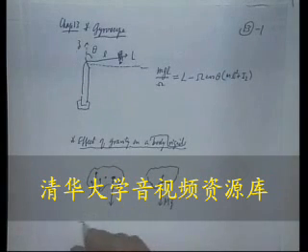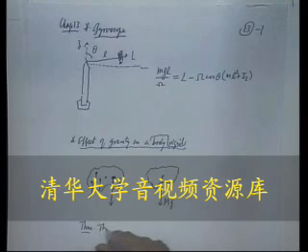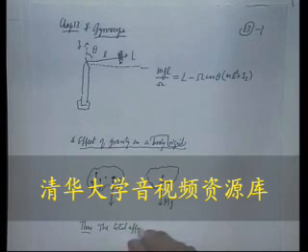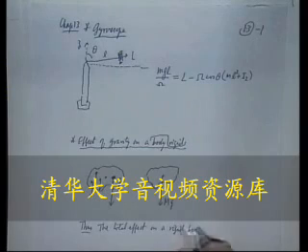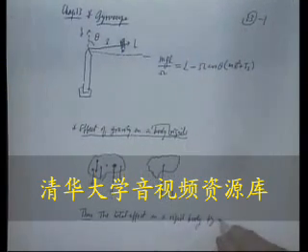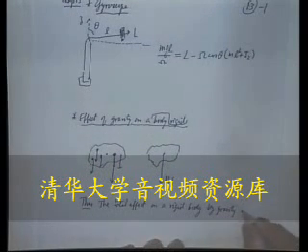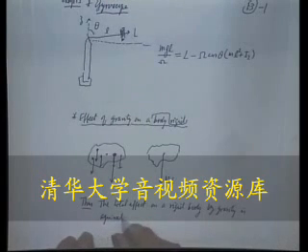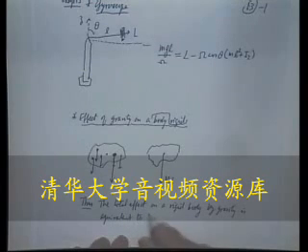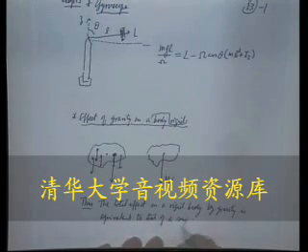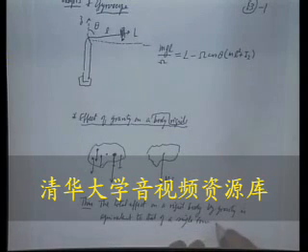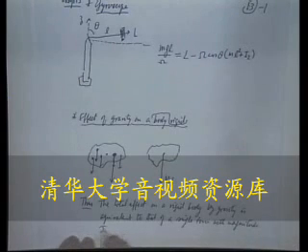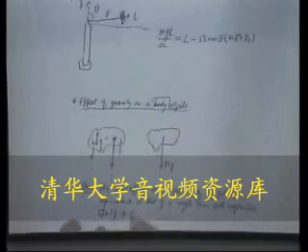So let me state the theorem. The total effect on a rigid body by gravity is equivalent to that of a single force with magnitude sum of m g on the center of mass.